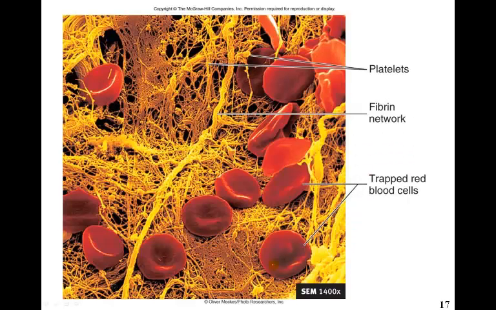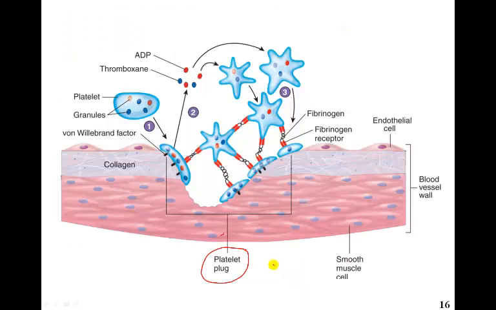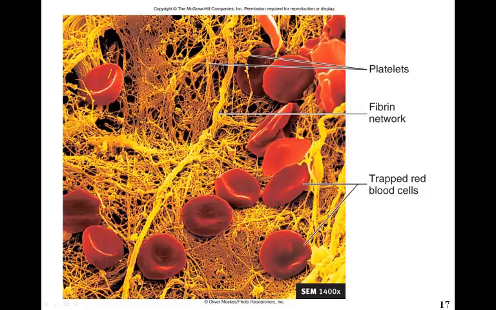The second thing that they do is that if there's a bigger break, a break that's too big for just a platelet plug to handle, they can help initiate the formation of the big, chunky thing that can really block off a vessel break, which we call a blood clot.